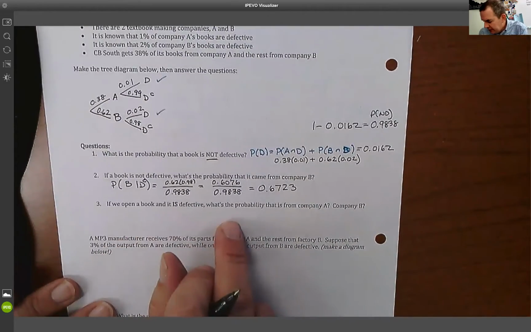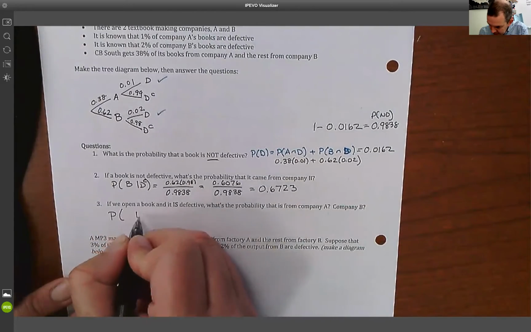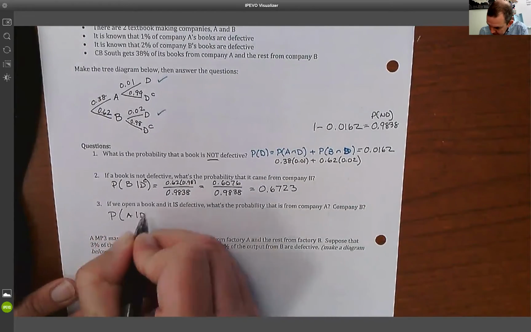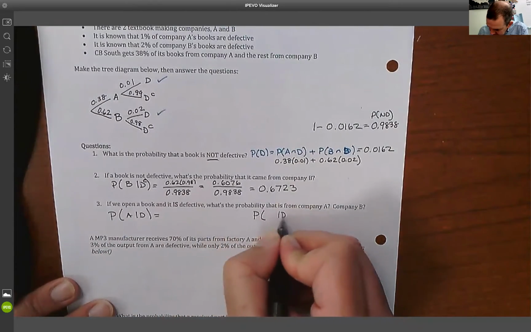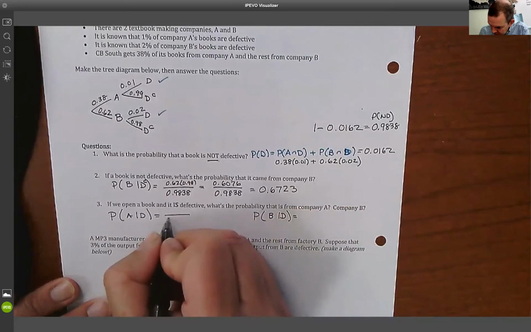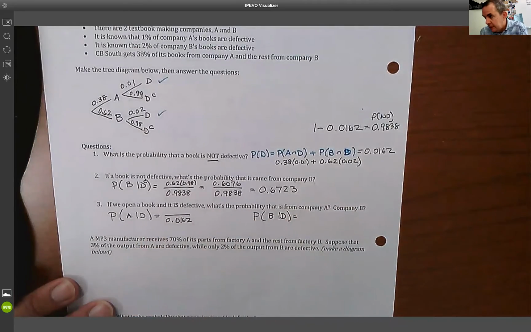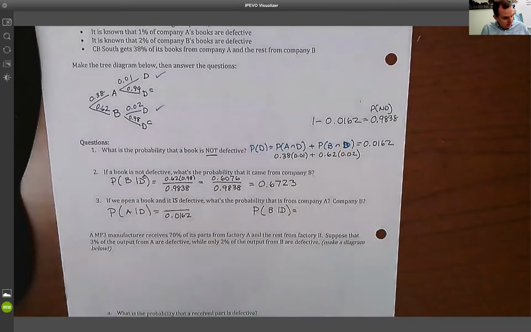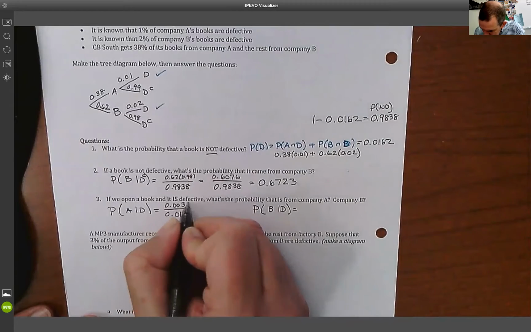If we open a book and it is defective, what is the probability it came from A? So again, probability given defective that it came from A, and the probability given defective that it came from B. So this one is going to use that number I erroneously came up with the first time. So 1.6% of my books are defective. And what I'm going to find out is the number of them that come from A. It's 0.0038.